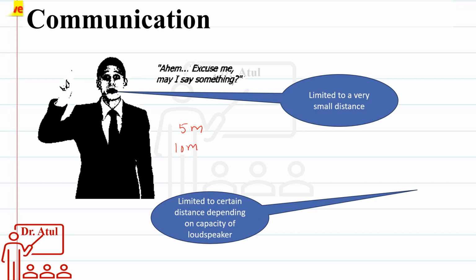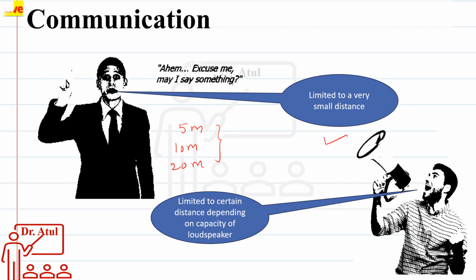It can go to 20 meters also, so it is limited to a very small distance. But if I want to increase the distance of communication, then I use loudspeakers. Depending on the capacity of the loudspeaker, it can travel longer distances.